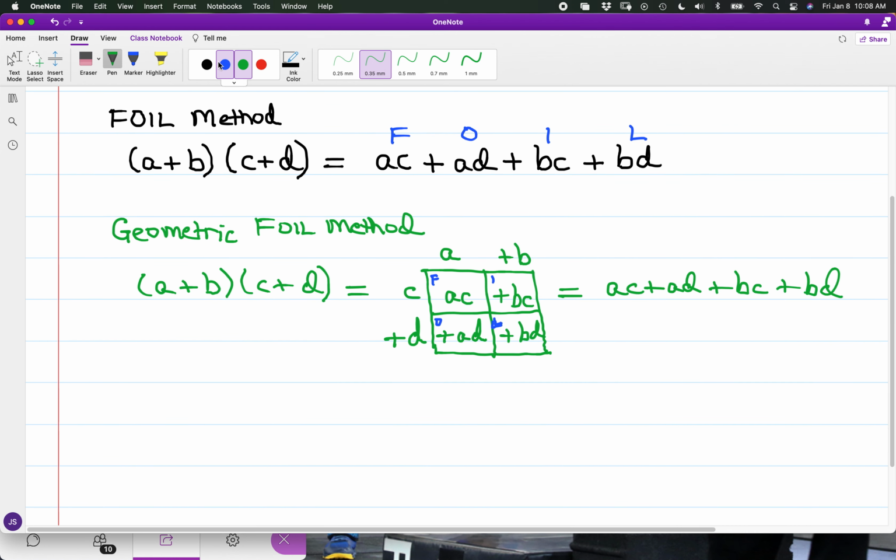And just looking into applications of the FOIL. We have a couple of expressions, and we'll say that as a first case we have the quantity 3x plus 4 times x plus 7.